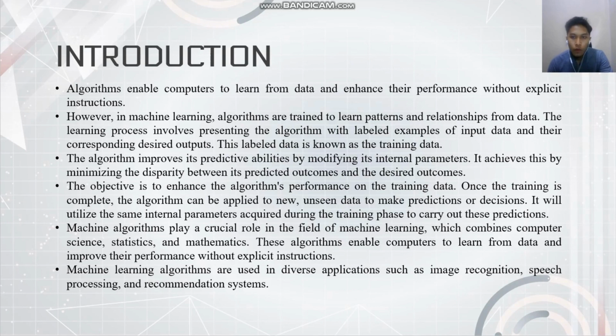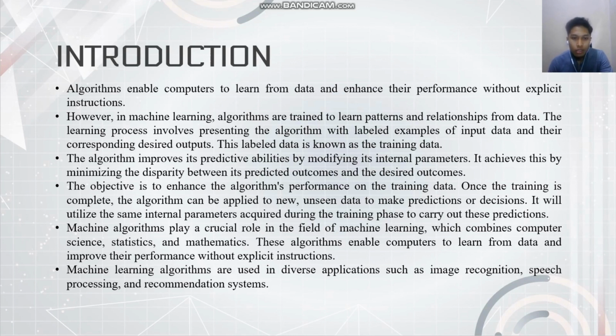For the introduction, algorithms enable computers to learn from data and enhance their performance without explicit instruction. In machine learning, algorithms are trained to learn patterns and relationships from data. The learning process involves presenting the algorithm with labeled examples of input data and their corresponding desired output.